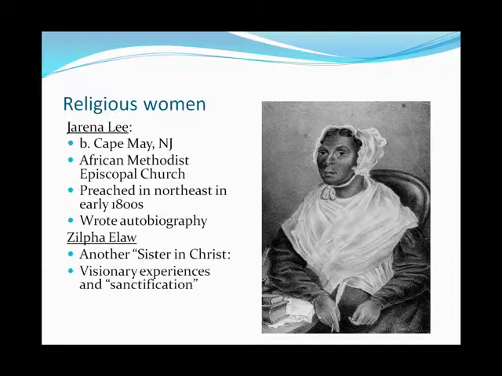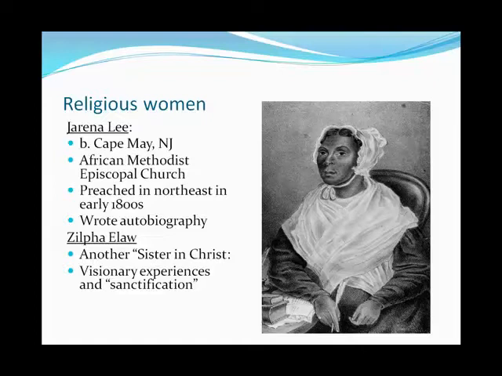Zilpha Elaw was 12 years old when her father placed her as a servant with a Quaker family. She stayed there until she was 18. She was drawn to evangelical Protestantism, and she claimed to have had visions in which Christ came to her as a ghost with arms open to receive her while she was performing her chores.